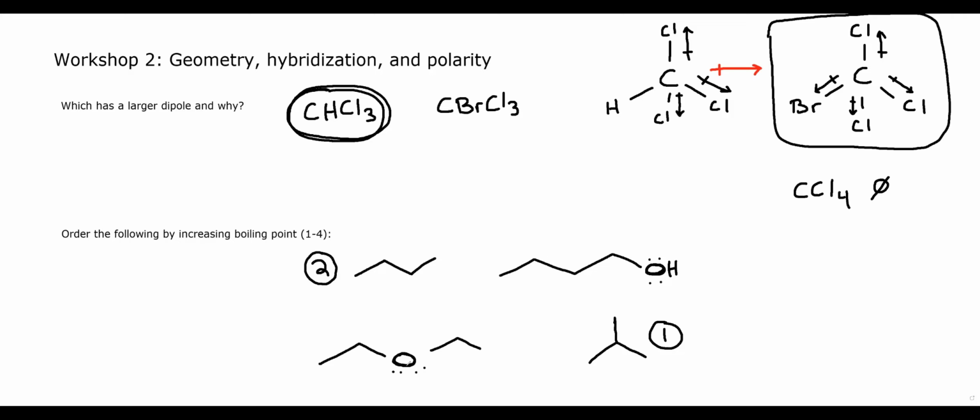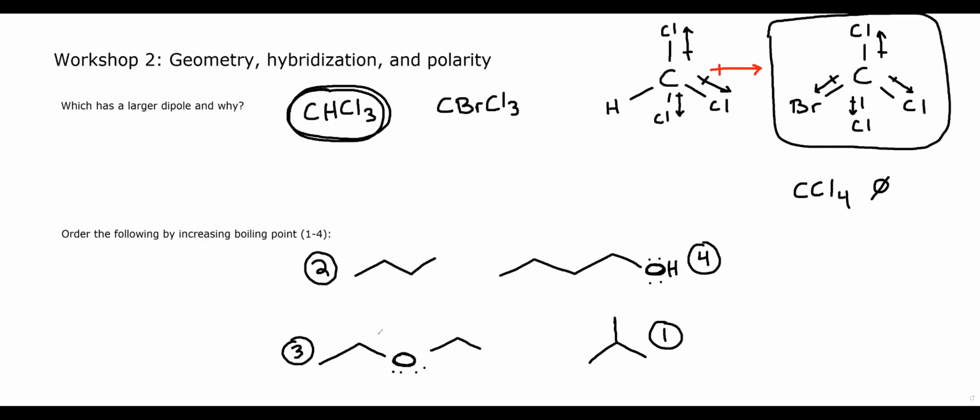So if we're comparing an ether, an oxygen with carbon bonds, versus an alcohol, an OH, the alcohol will have the higher boiling point, all other things equal, because we're comparing essentially dipole interactions to hydrogen bonding. And hydrogen bonding is our strongest intermolecular force. This ether here, 3, doesn't have any hydrogen bonding. It doesn't have any OH bonds.